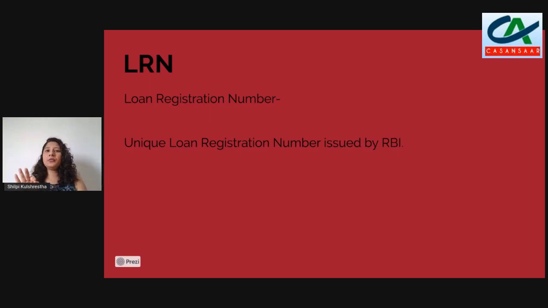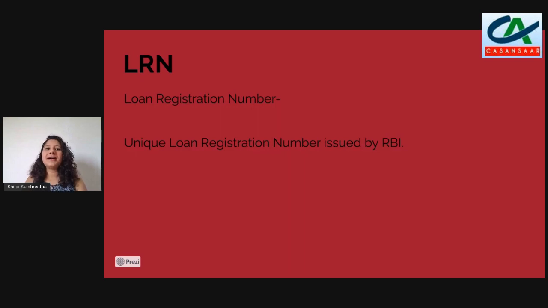So let me tell you how it will work. LRN would be a kind of Aadhaar number for you. For me, the Aadhaar number is the unique number. So LRN would be the Aadhaar number for that particular external commercial borrowing, right?